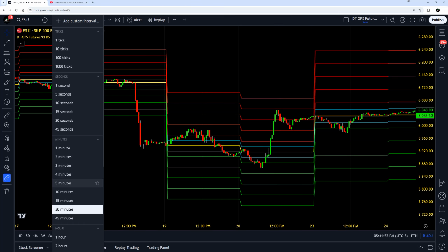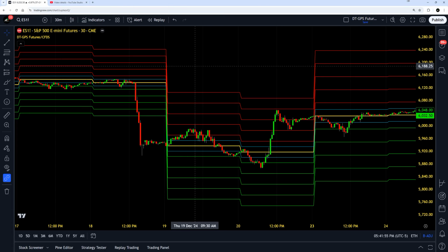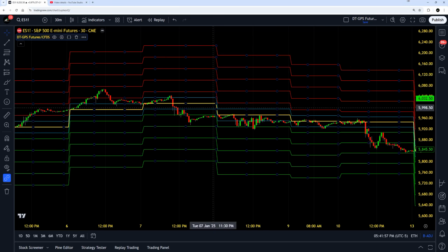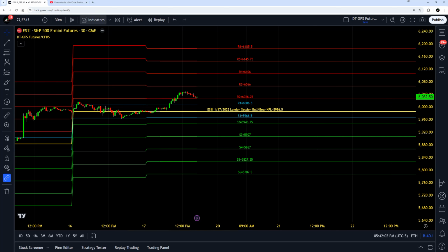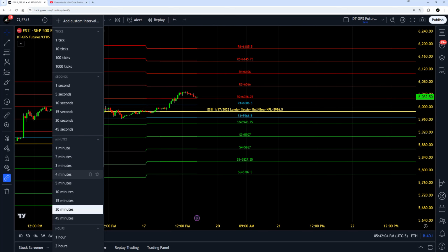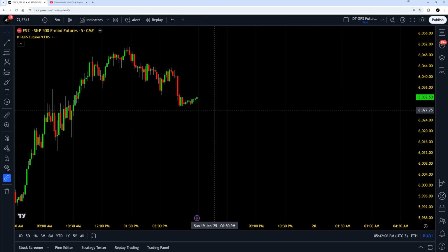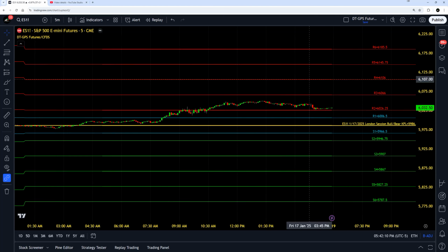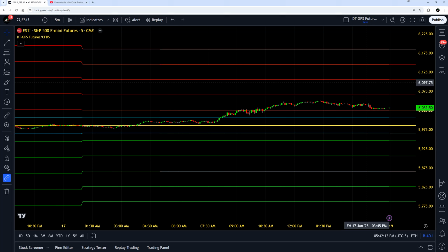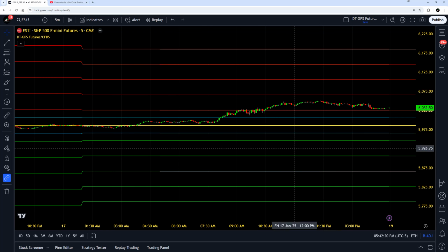Okay, so let's go back to the beginning here. Just keep in mind, if you're looking at a smaller time frame chart, such as 5 minutes, that can give you a more granular view of the complete day, starting with the start of the session, which in this case is 1 a.m. So we're on the London session.